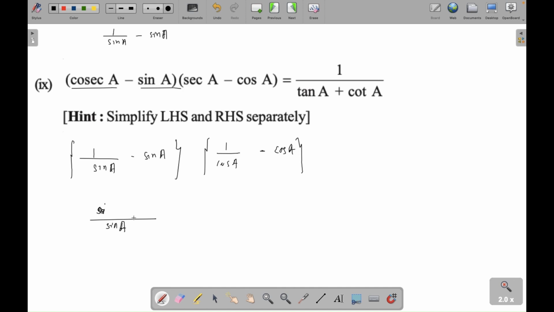So LCM is sin A. Right? So this will become 1 minus sin square A. And this will similarly become 1 minus cos square A.